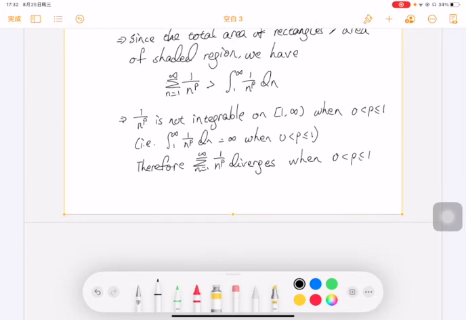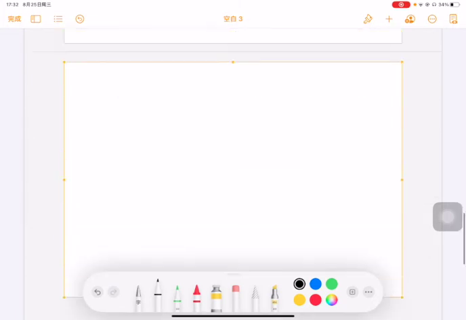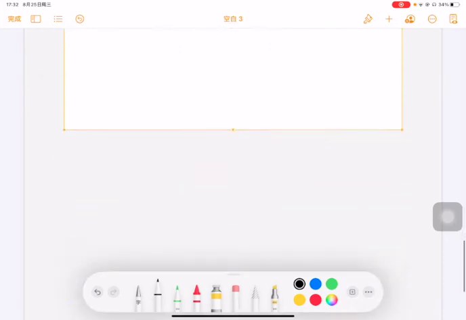Because if a smaller thing equals infinity, then the even larger thing must be infinity as well, and that means it diverges. All right, so that gives us the second part of the statement.